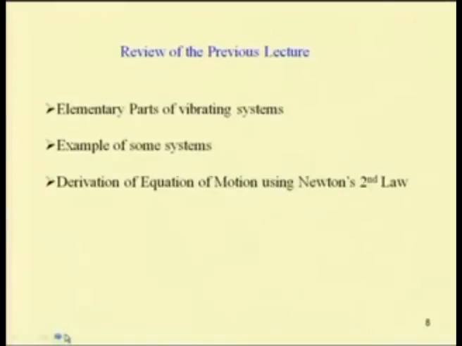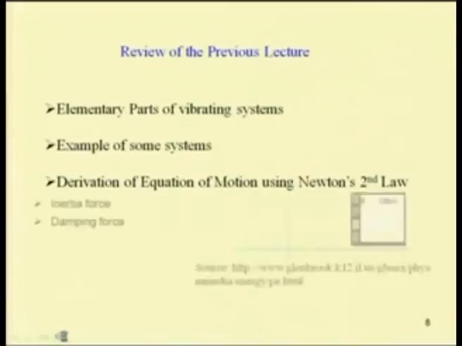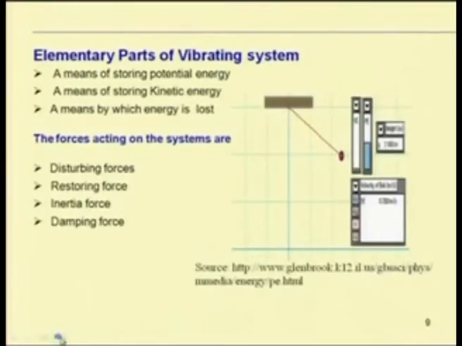elementary parts of vibrating systems, then examples of some systems, and then derivation of the equation of motion using Newton's second law. If you briefly review these systems, you know that the elementary part of the vibrating system contains a disturbing force.